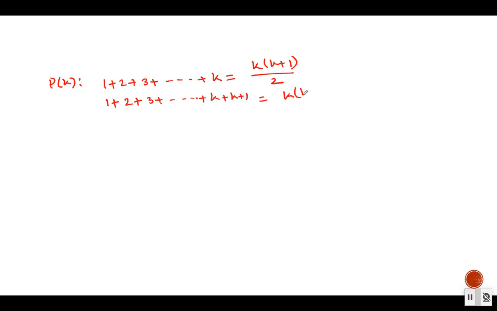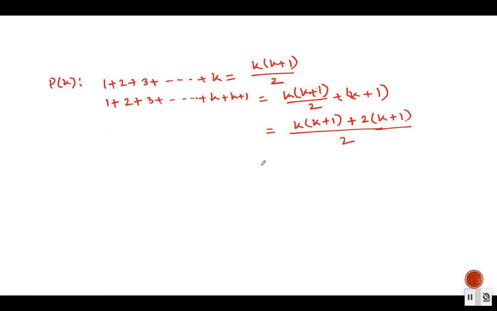So that will be k times k plus 1 divided by 2 plus k plus 1. Now let's do some calculation. It is going to be 2 times k plus 1 by 2, so this is the same as writing k plus 1 times k plus 2 by 2.